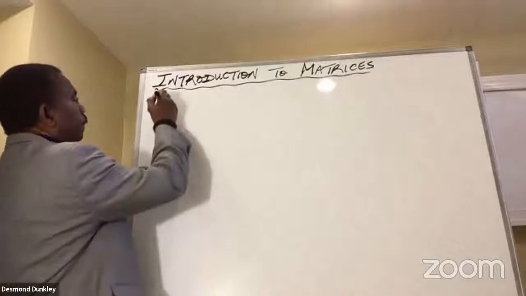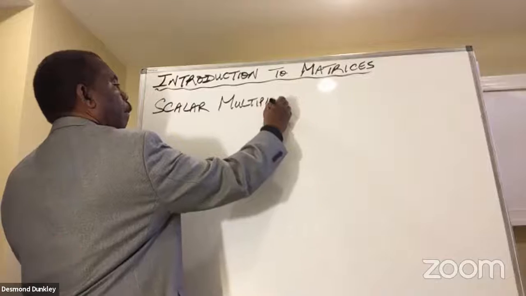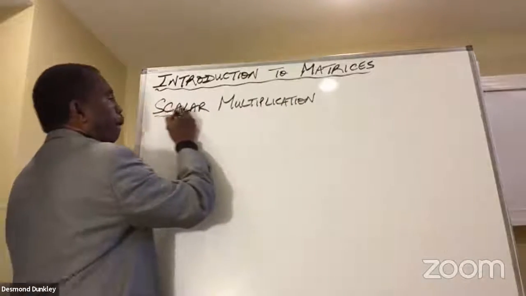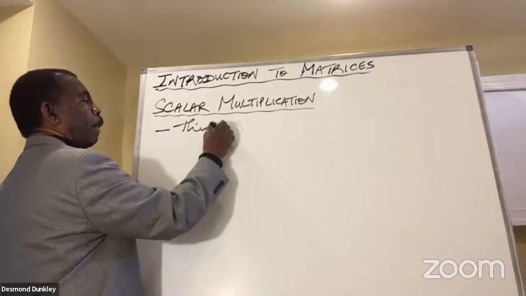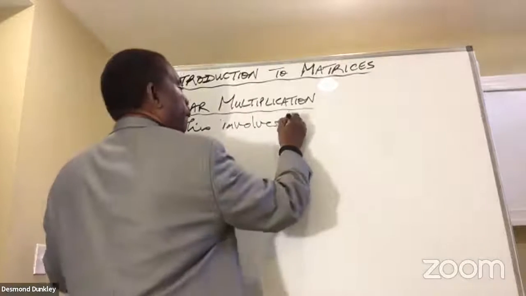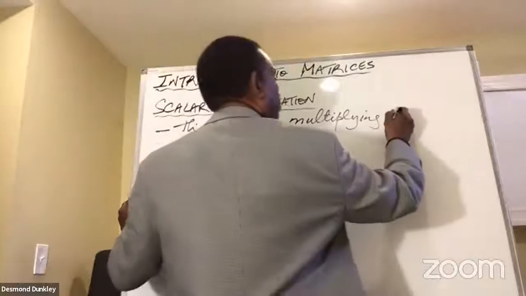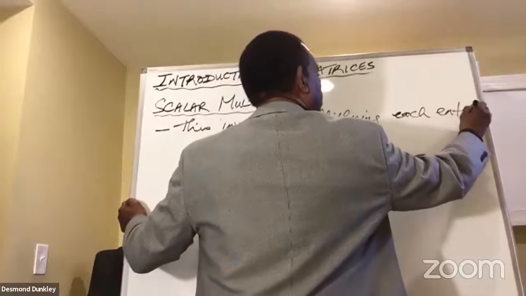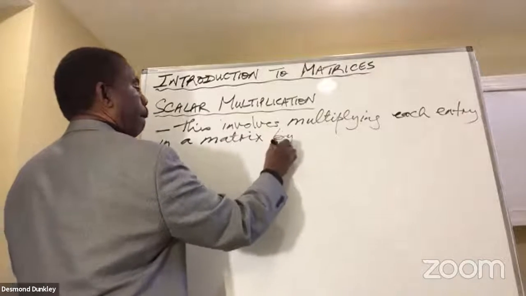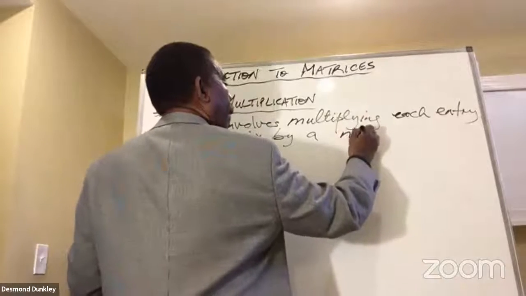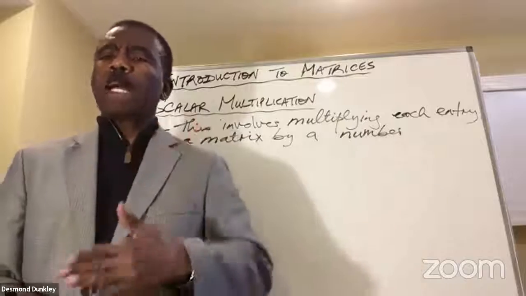So we're going to do the scalar multiplication. So the scalar multiple is where you just take the matrix and multiply it by a number.